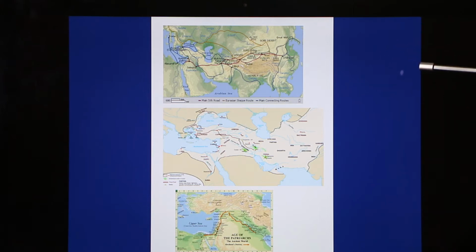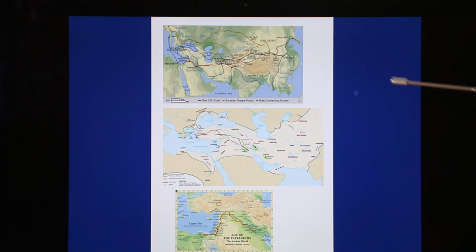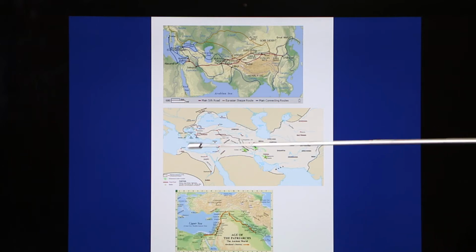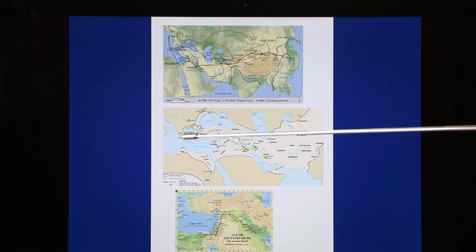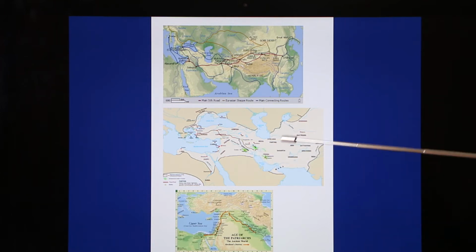There are really two stories of transmission. One goes via the spice routes, and the other goes via the Great Silk Routes. And those Great Silk Routes in the 5th century BC got a special incentive when Cyrus, somewhere between 550 and 500, created the so-called Royal Road of the Achaemenid Empire, where he created really the first Pony Express.